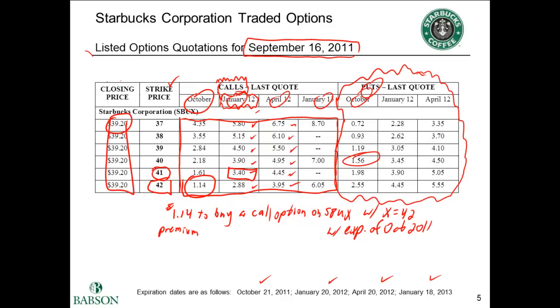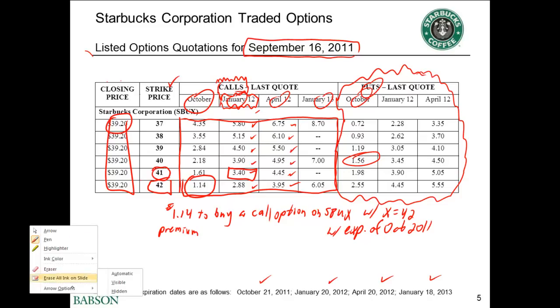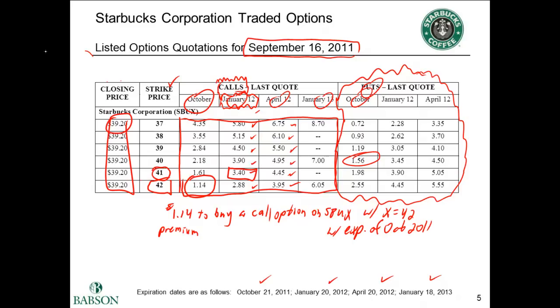So if we go back to the chart, let's pick a different color. Let's just look across the call options that have strike prices of $39. What do you notice when the expiration is farther out into the future? The call options get more expensive.